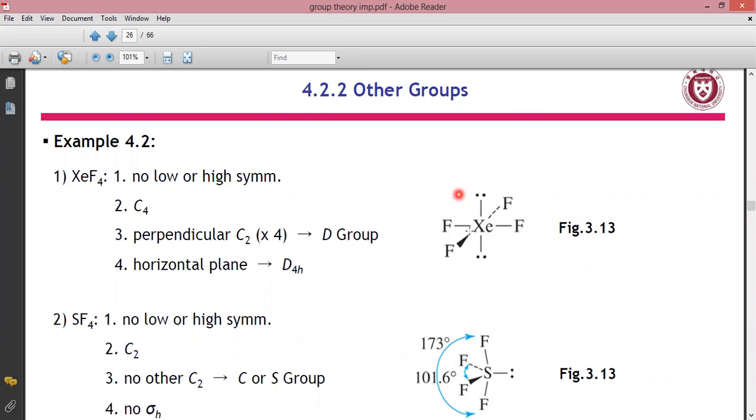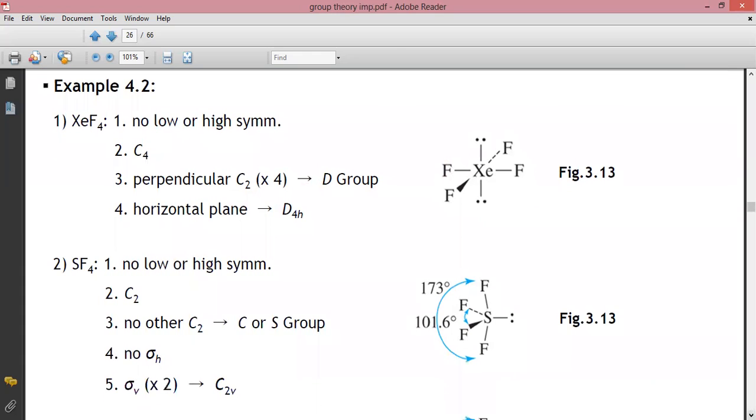XeF4, the structure of XeF4 is this. C4 is present and C2 is also present, and the group is called D4h point group. Similarly, SF4, the structure of SF4 is this. C2 is present. When you rotate the molecule by 180 degrees, the axis passes only through the sulfur and this lone pair.